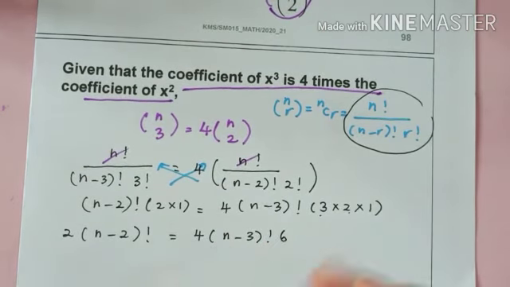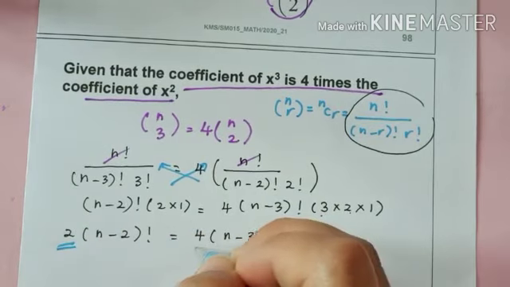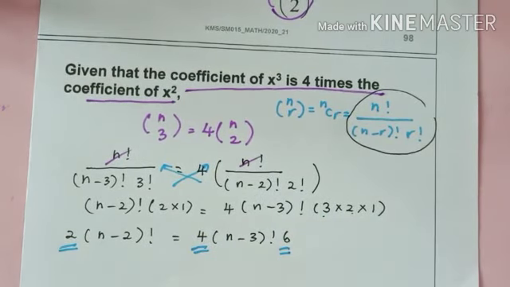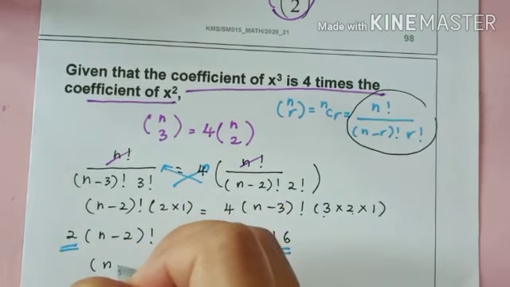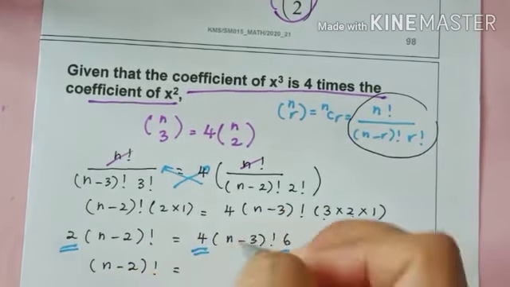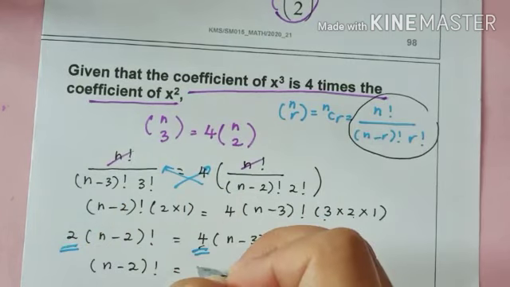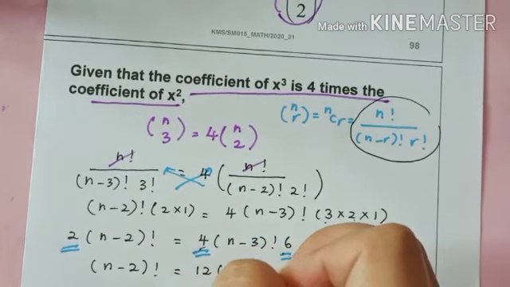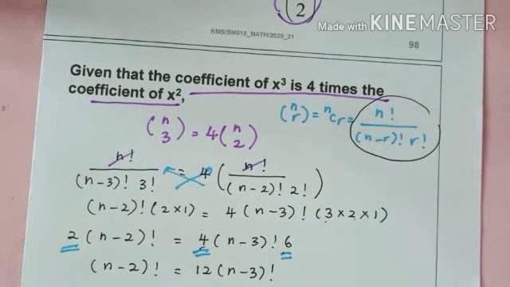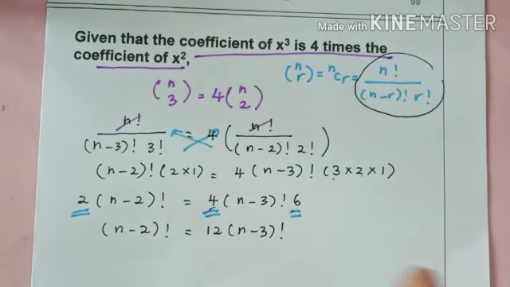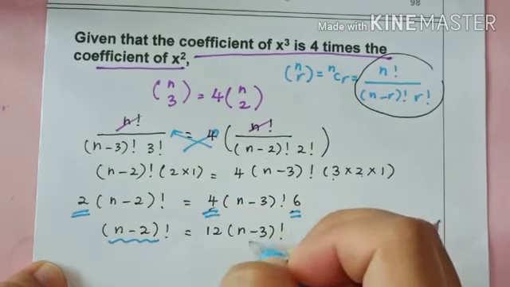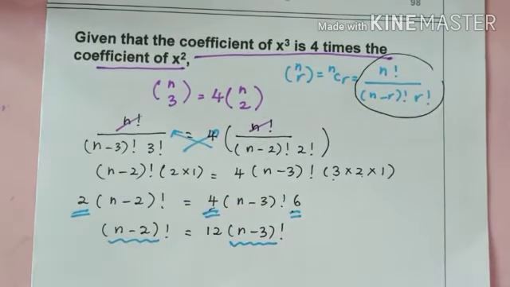Okay, after that you can simplify these numbers. So I get here (n minus 2) factorial, and 24 divided by 2, then you get 12, times (n minus 3) factorial. To solve for n, we have to think: between (n minus 2) factorial and (n minus 3) factorial, each one we have to expand so that we can get the same expression and we can cancel.